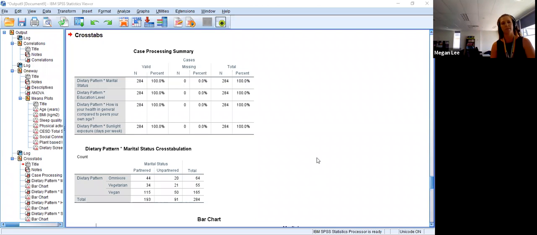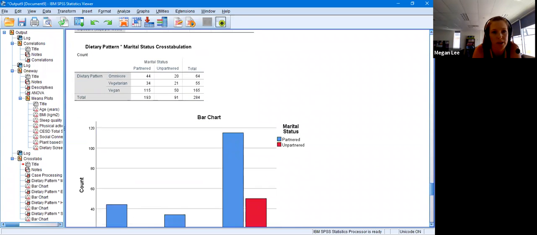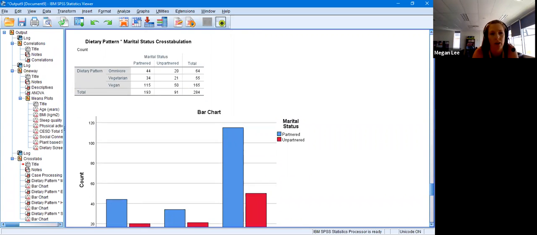Okay, so this is our cross tabulations. So I'll help you with this one. Our first one is omnivores, vegetarians and vegans, and marital status. You can see that our rows are our omnivores, vegetarians and vegans, and our columns are partnered and unpartnered.